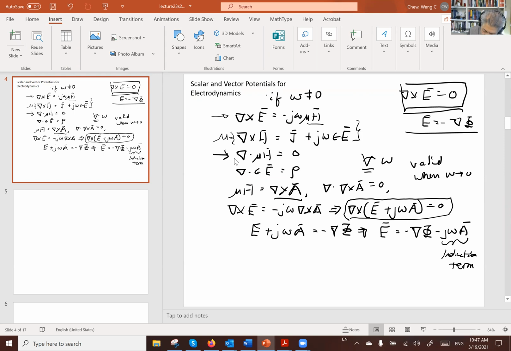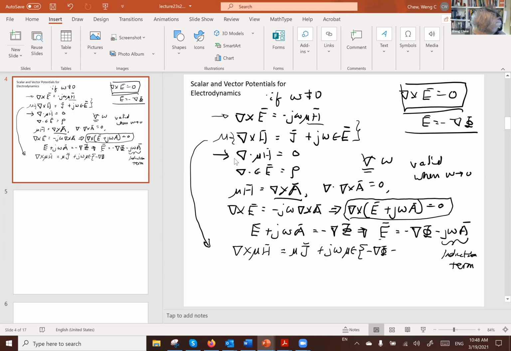If I multiply it by mu, then I have curl of mu H, assuming that mu is a constant, so it can be taken in and out of the integral or differentiation. Then I will have mu J plus j omega mu epsilon E. E is given by this now, minus the gradient of phi minus j omega A. So Ampere's law becomes something that looks like this.